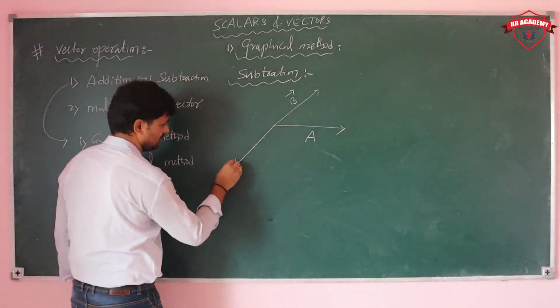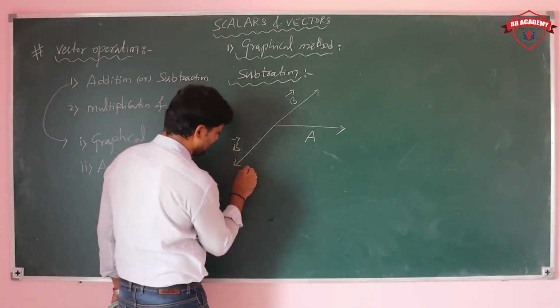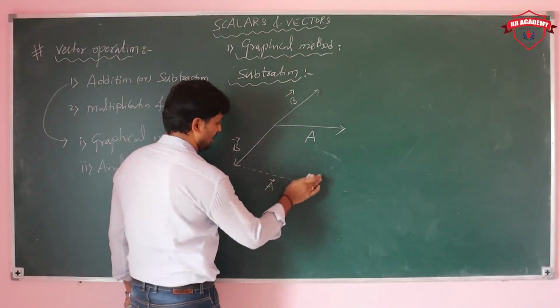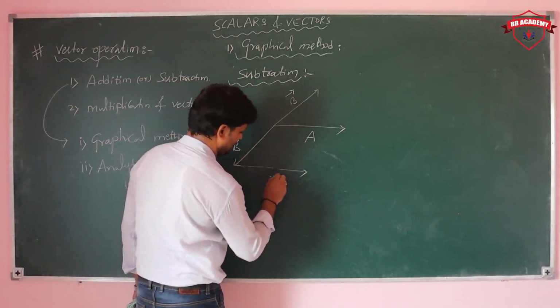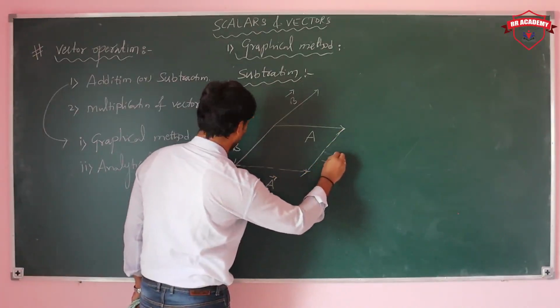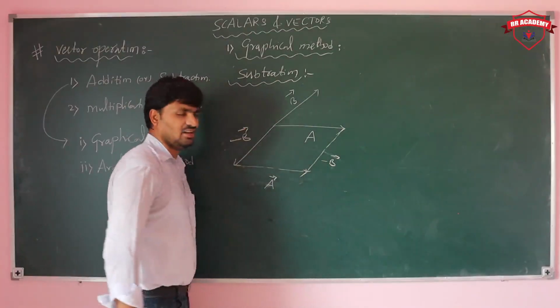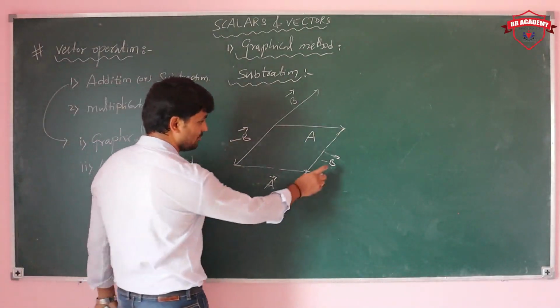We'll take B here and we'll take a parallel vector of A, and we'll take a parallel vector of B also. Which B? Minus B. It is minus B. Why is it minus B? This is the negative vector of B.